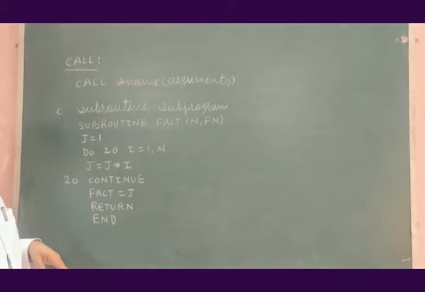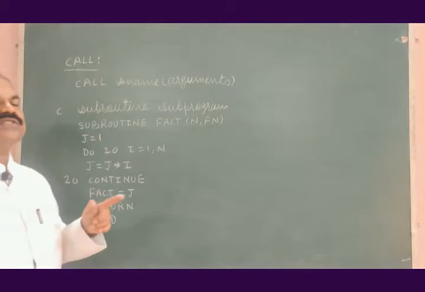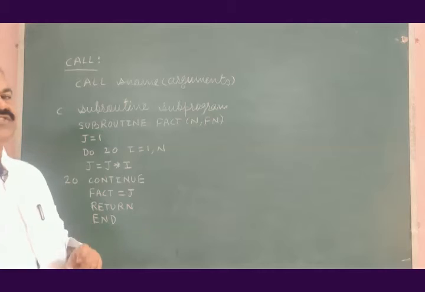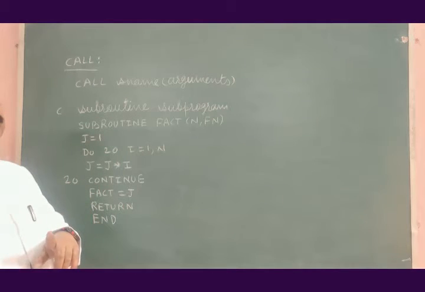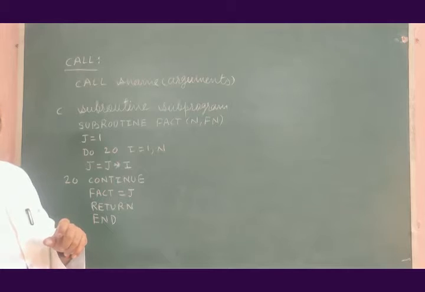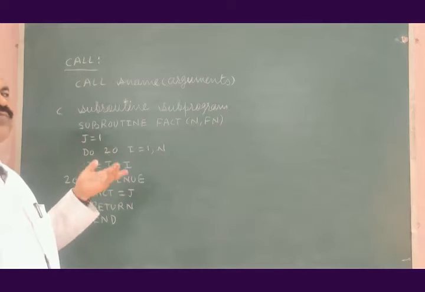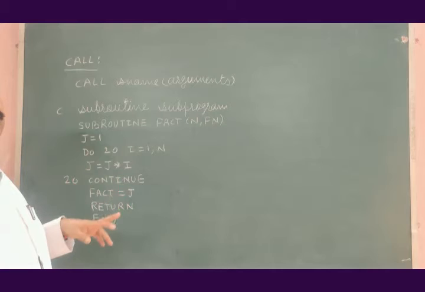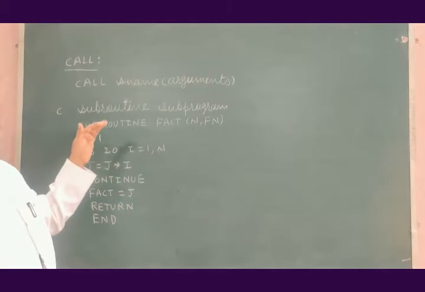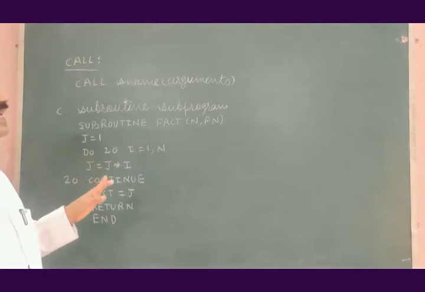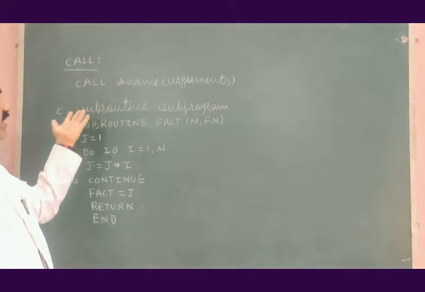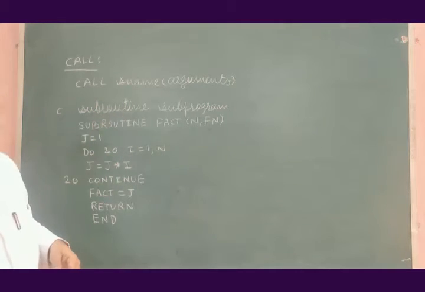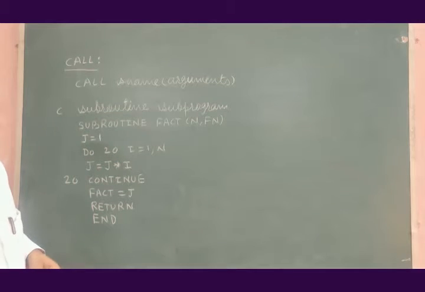Let us use this subroutine subprogram in some main program to find NCR. We have written this program in the earlier lecture. Now I am writing the same program for NCR with slightly different ideas of call statement and subroutine subprogram. Let me see how to find this NCR.